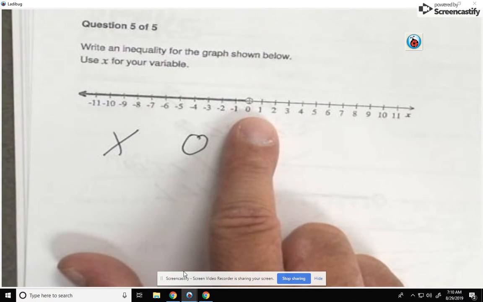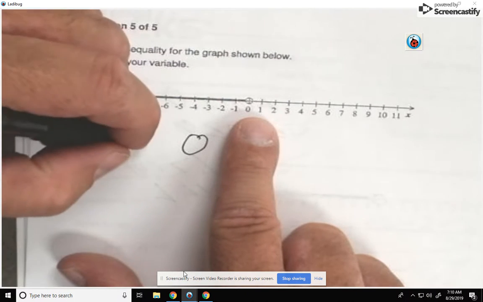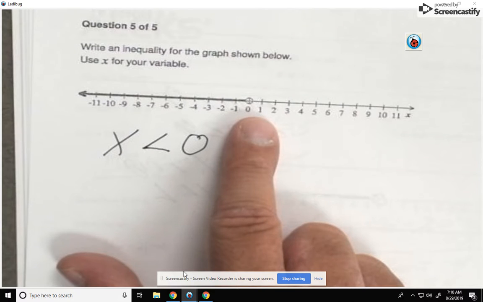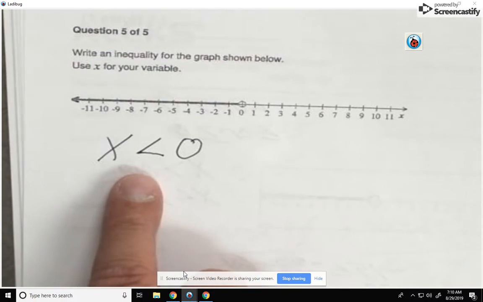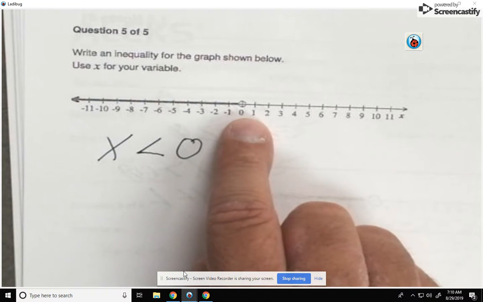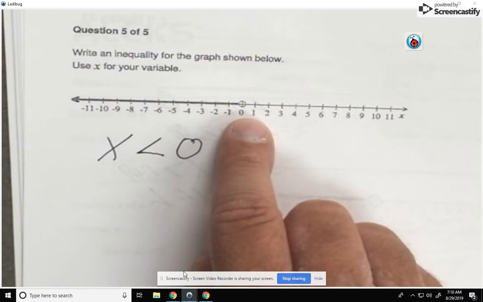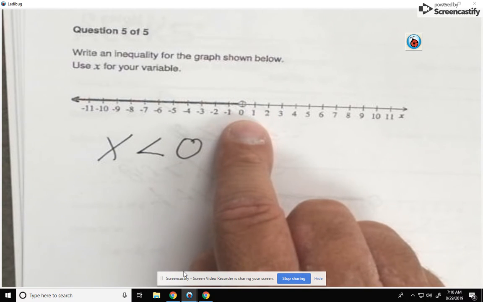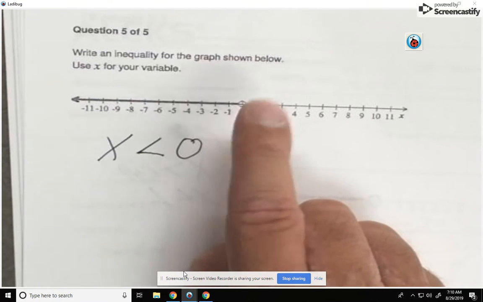Since it is going to the left of our point, we know our symbol needs to point at our variable. Now we need to decide whether or not there needs to be the line underneath. Okay, so again, for that, we look at the type of dot. Remember that at the beginning, we were told that if the dot is filled in, we have the line underneath. If the dot's not filled in, we don't have the line underneath. So in this case, we do not have the line underneath.